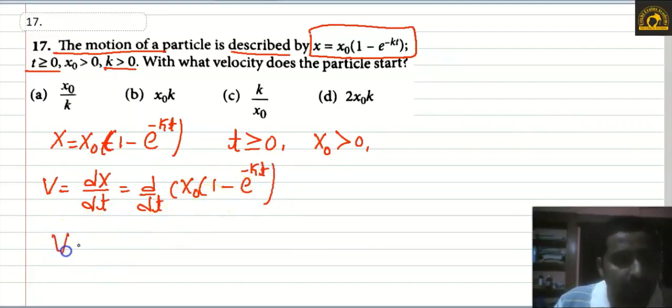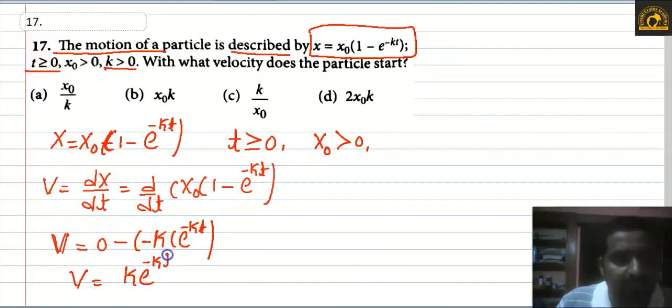Differentiating, the derivative of the constant is 0, then minus k into e to the power of minus kt. Minus into minus is plus, so v is equal to k e to the power of minus kt. So that is the velocity.